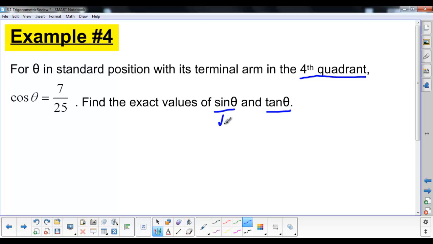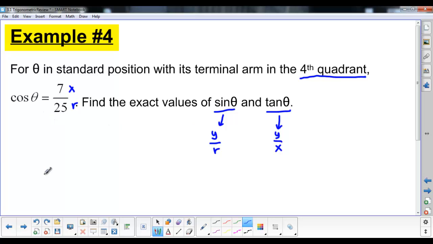Now again, remember that sine theta is y over r, and tan theta is y over x. We're given cos theta, which is x over r. So essentially what we're missing to find sine and tan is that value for y.